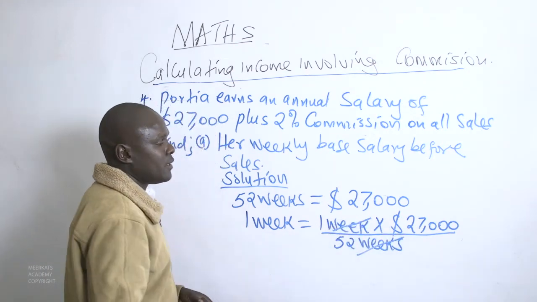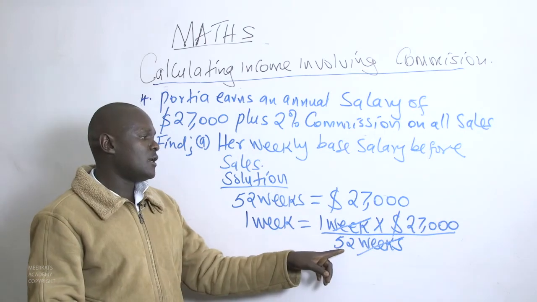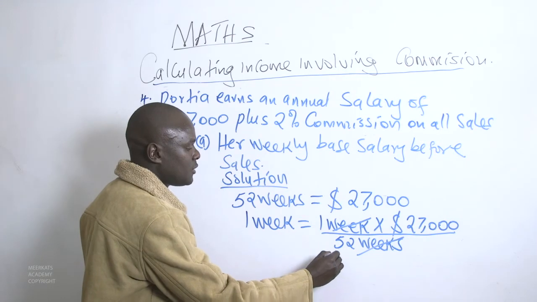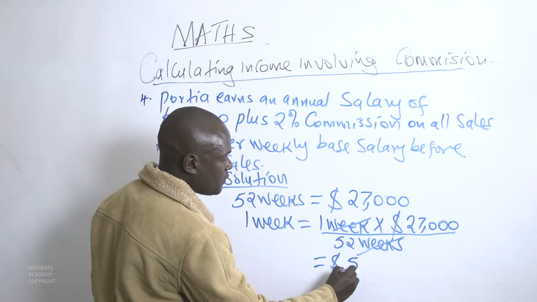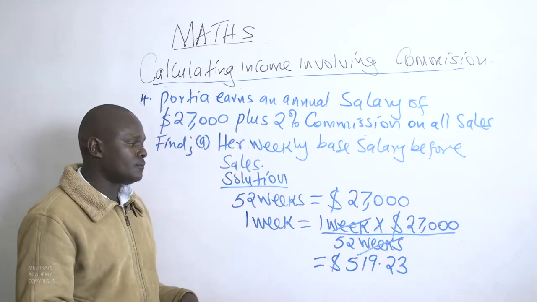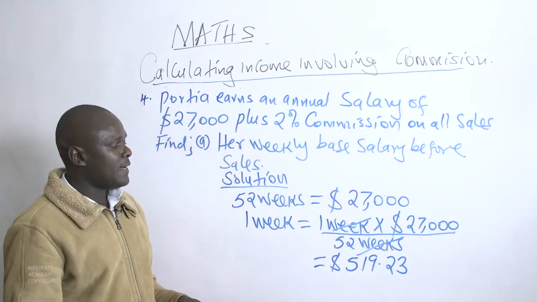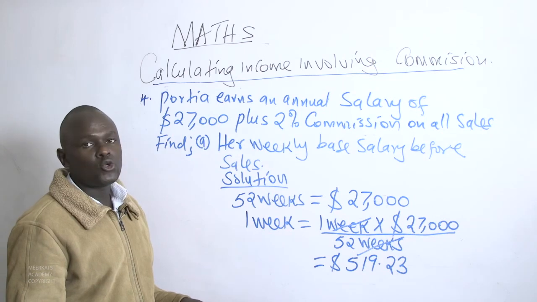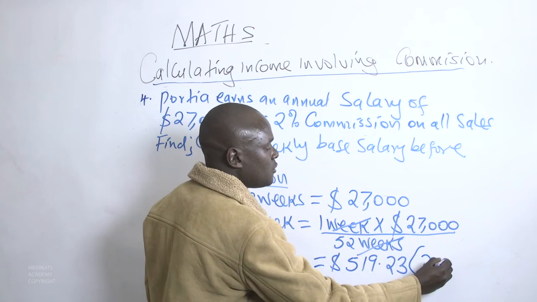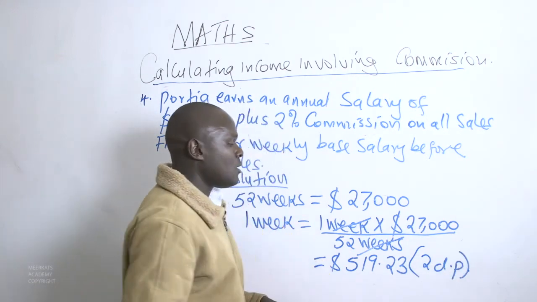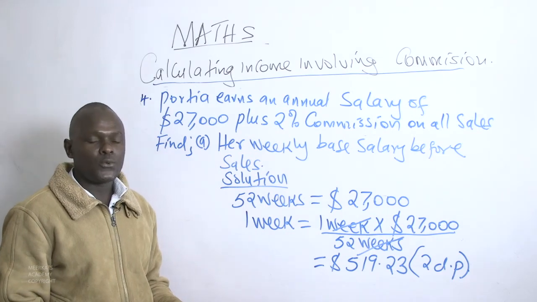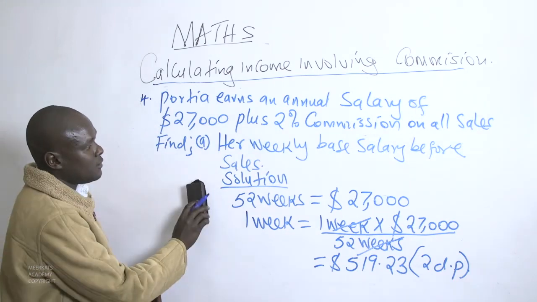The week and week will cancel. So if we divide $27,000 by 52, we are going to get $519.23. This figure has been rounded off to 2 decimal places. Her weekly base salary will be $519.23. Let us look at the next question.